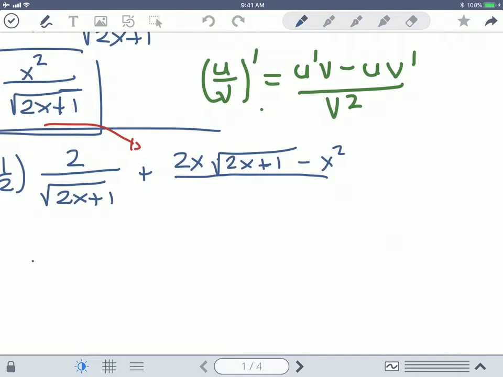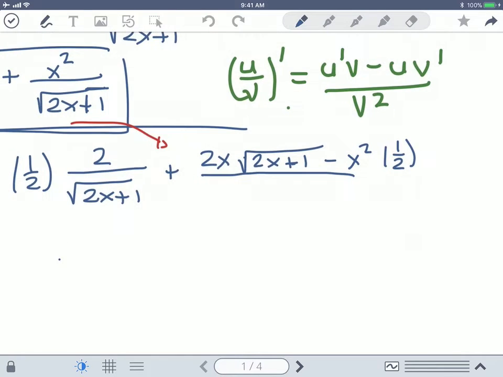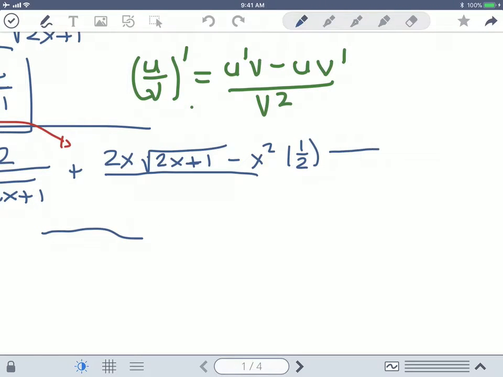We already did it several times. So it's going to be 1/2 times the root of 2x plus 1 in the bottom times the 2 in the top, right? And again, these 2's cancel.